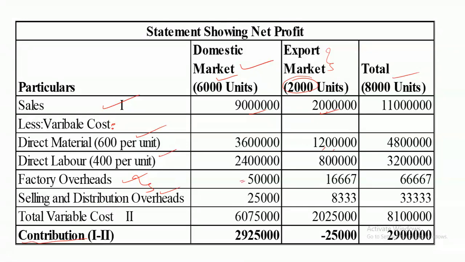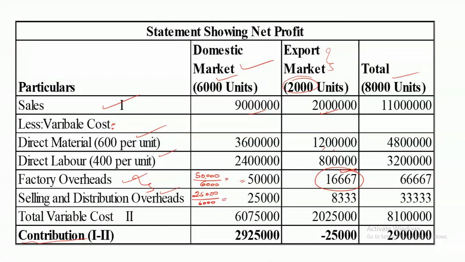So what we can do is calculate the per unit cost. For example, 50,000 rupees for 6,000 units. So what is the per unit cost? You can calculate that per unit cost and multiply it with 2,000 units, so that comes up to 16,667. And here also again 20,000 rupees for 6,000 units. How much is it per unit?